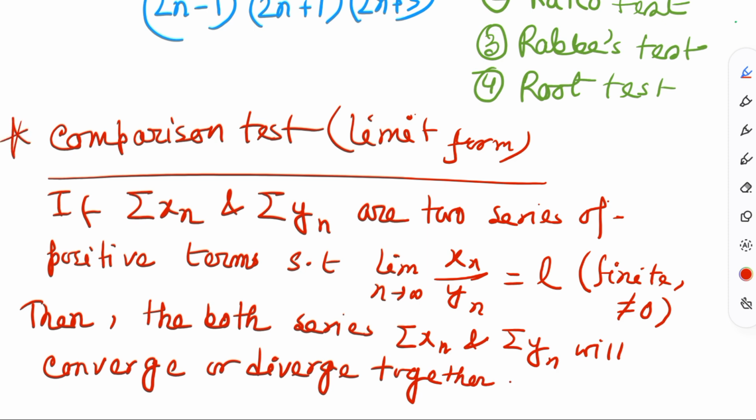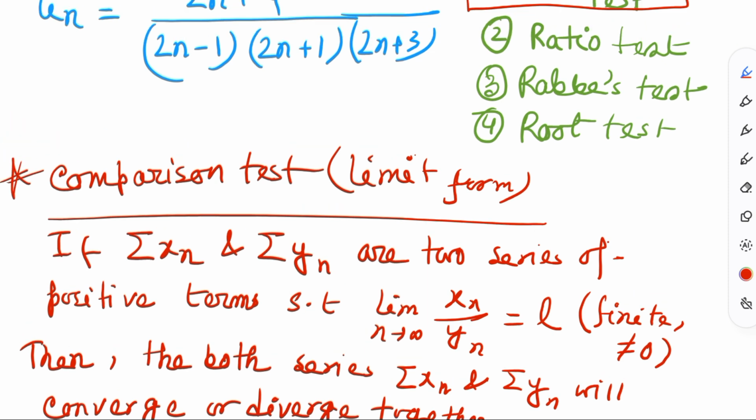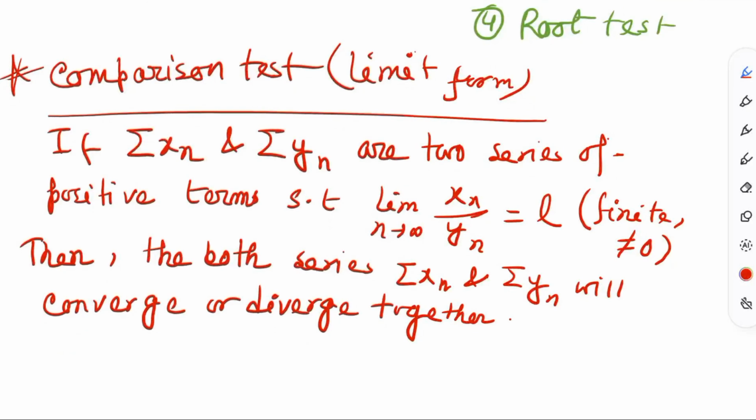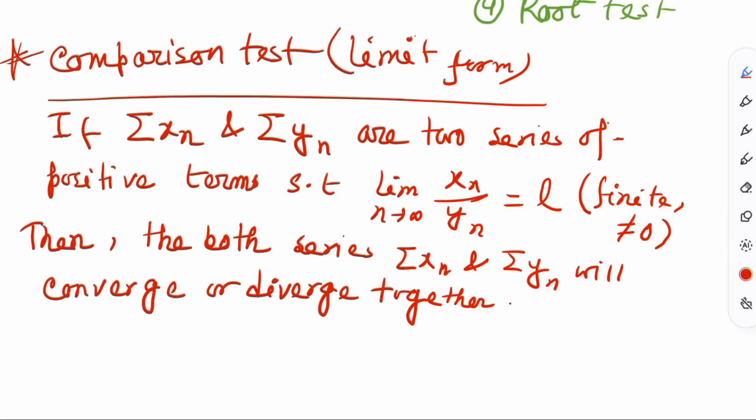We will use this test here. It says that if xn and yn are two series of positive terms such that limit n tends to infinity xn by yn equal to L, where L is finite and L not equal to 0, then both the series summation xn and summation yn will converge or diverge together.